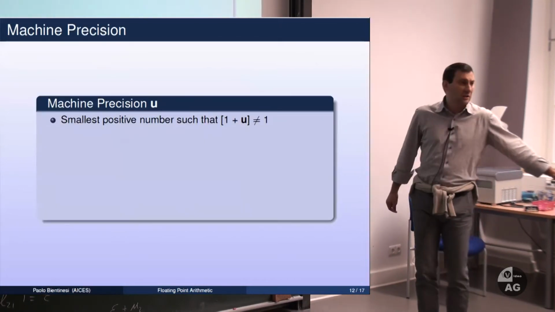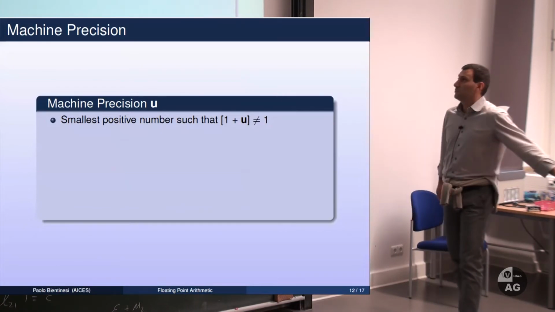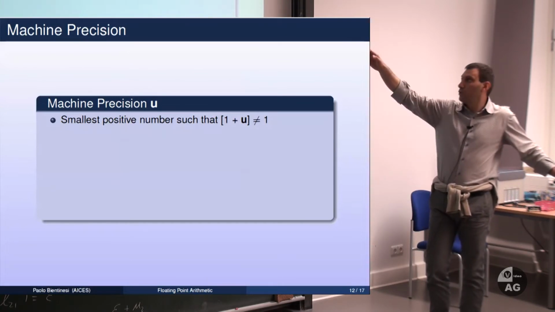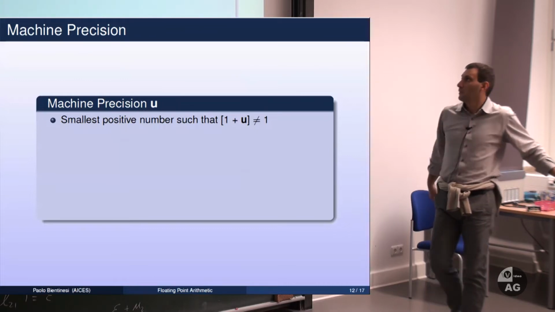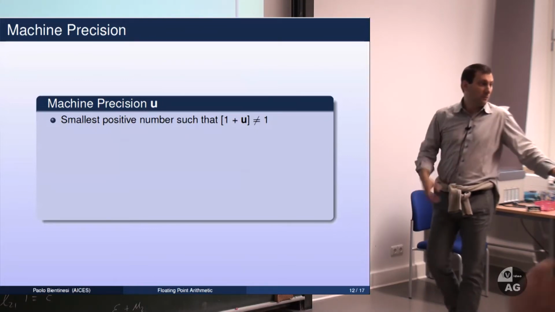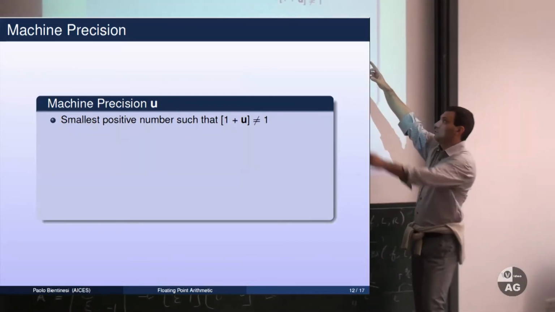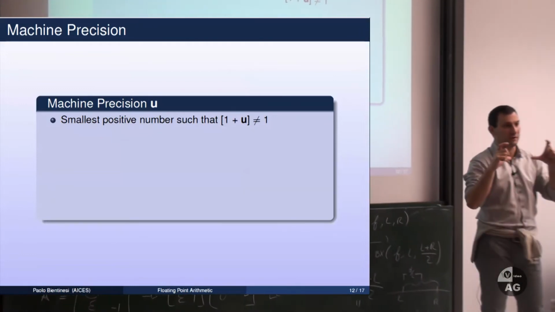All right, first of all, I needed to define a machine precision. Somebody mentioned machine precision already last week. What is machine precision? It's a number, normally a bold small u, and it's defined in a number of different ways. For instance, those square brackets mean that it is floating point arithmetic.